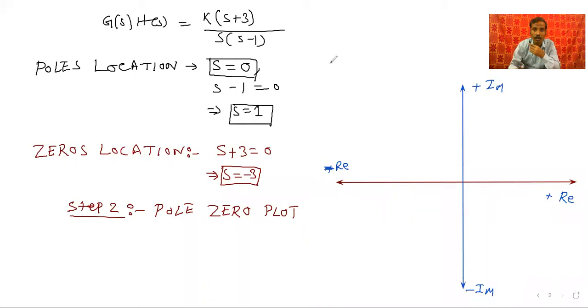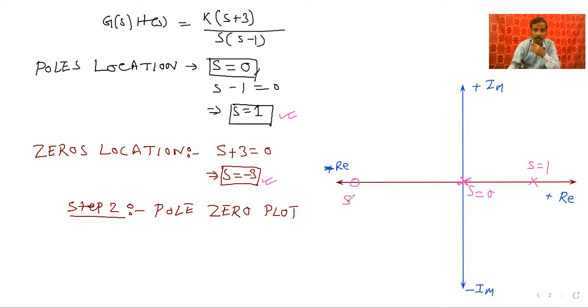And the pole's position: plot the first pole at s equals to 0, this is a cross. And another pole at s equals to 1, and one zero at s equals to minus 3.